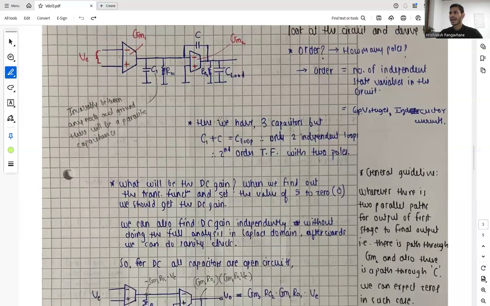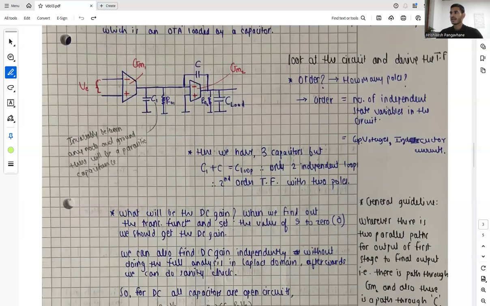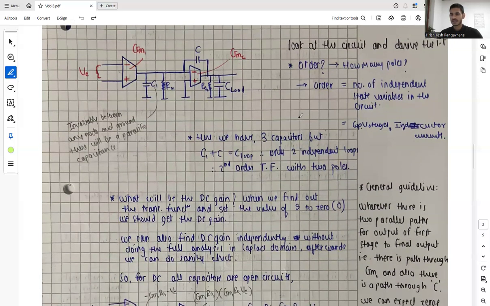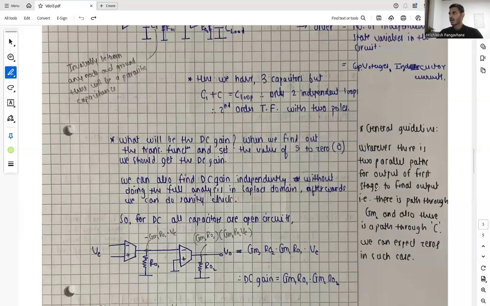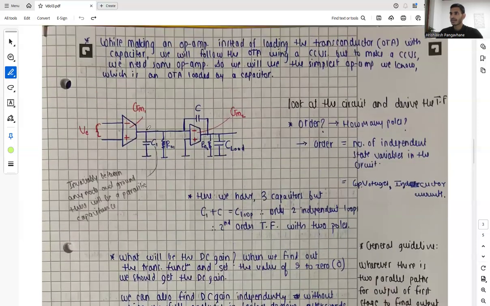So the general guideline, or let's say a vague statement we can make, is that there might be a possibility of having zeros as well, and zeros can lie anywhere on the S plane. Doesn't matter if it's in the right hand part of the S plane. Wherever there are two parallel paths from the output of the first stage to the final output, that is, this is the output of the first stage and this is the output of the final stage, so there are two parallel paths.